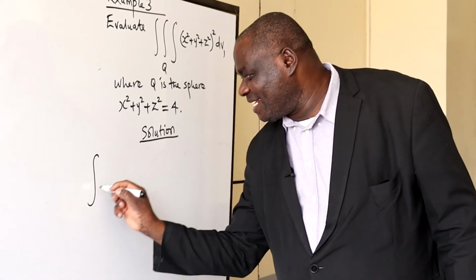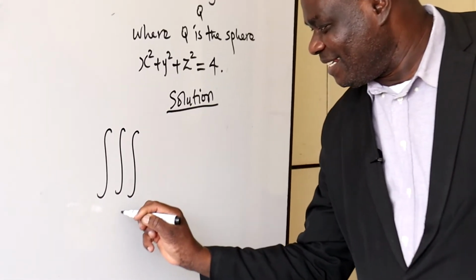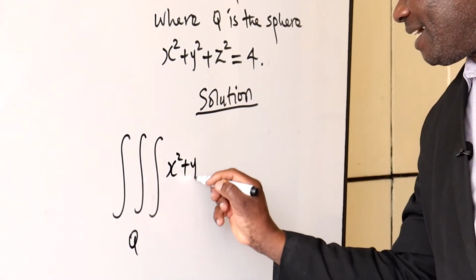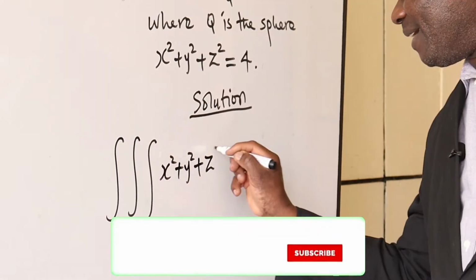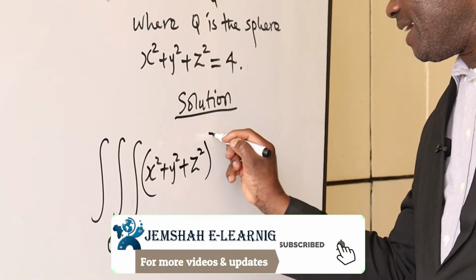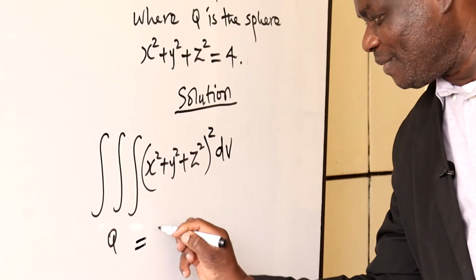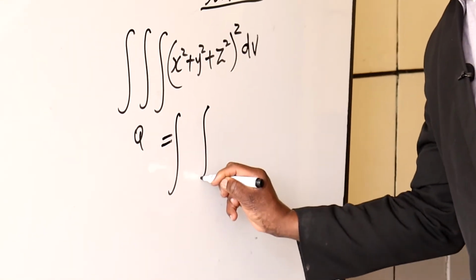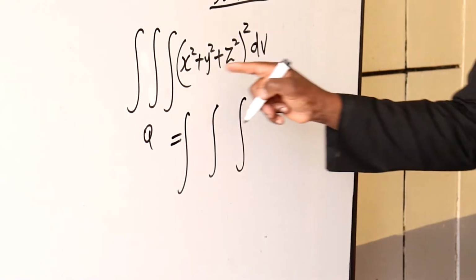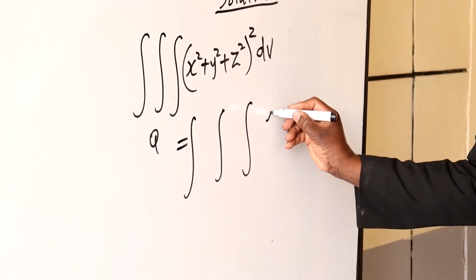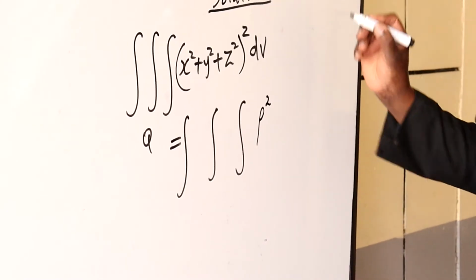So the integral of x squared plus y squared plus z squared, squared, dv will be equal to a triple integral. X squared plus y squared plus z squared is equal to rho squared.